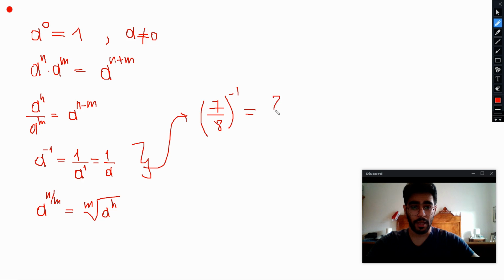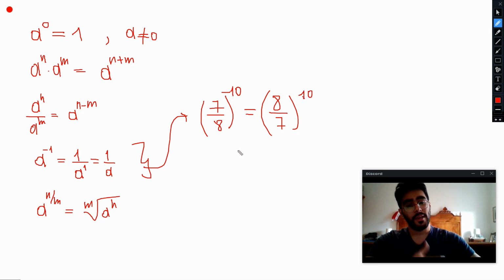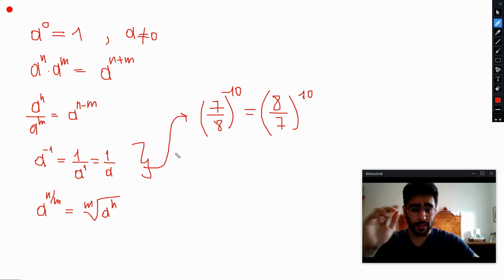So basically you will have 8 divided by 7, but you keep the power with the opposite sign. So it was minus 1, so it will be plus 1. If this power is, let's say, minus 7, or minus 10, then this power will be plus 10.